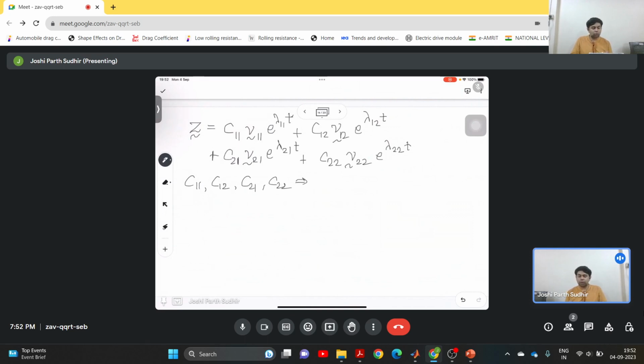So we can find out these constants using the initial conditions.